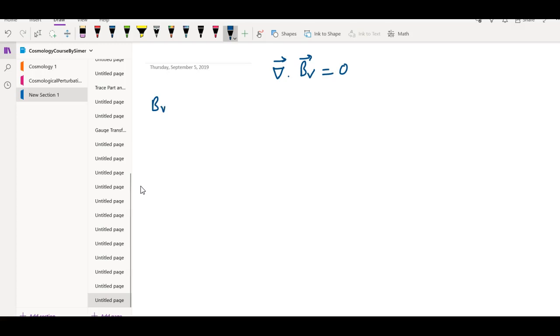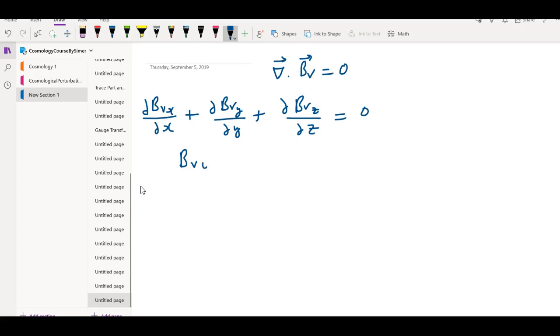This will be del B_VX by del X plus del B_VY by del Y plus del B_VZ by del Z is equal to 0. In other words, you can say that the I component of this vector B_V, you differentiate by I, and this is 0.